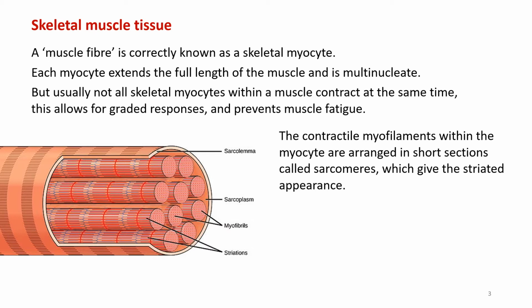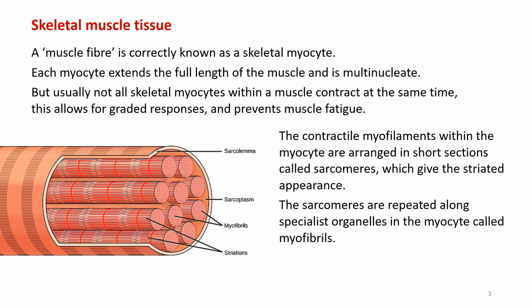The contractile myofilaments that we talked about, remember actin and myosin, within the myocyte are arranged in these sarcomeres that we talked about before. It's the sarcomeres, and you can see that in the diagram, that give the striations. Because they're all lined up, and all the myocytes are lined up, we get the striated tissue. Sarcomeres are short sections, end to end, full of the contractile myofilaments.